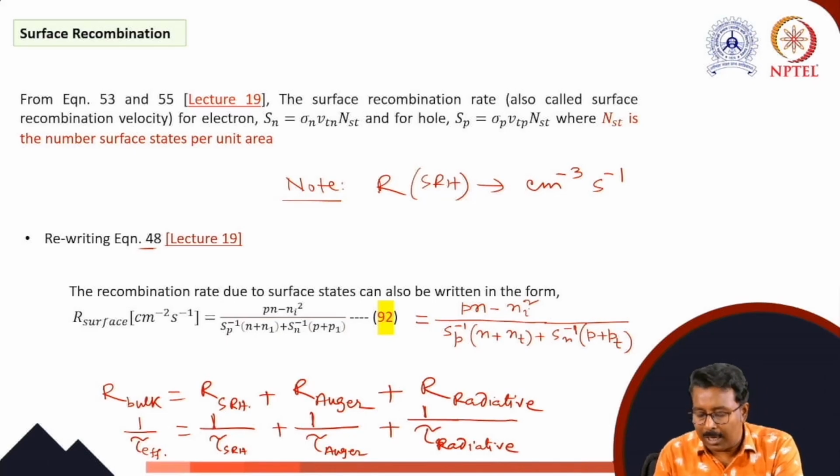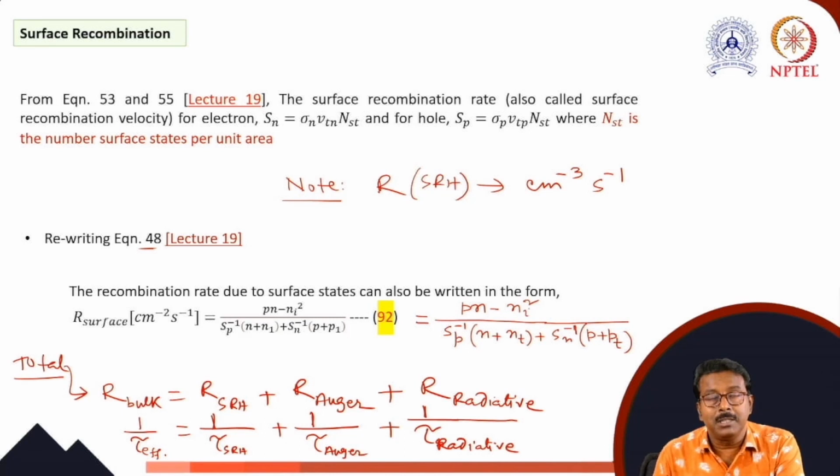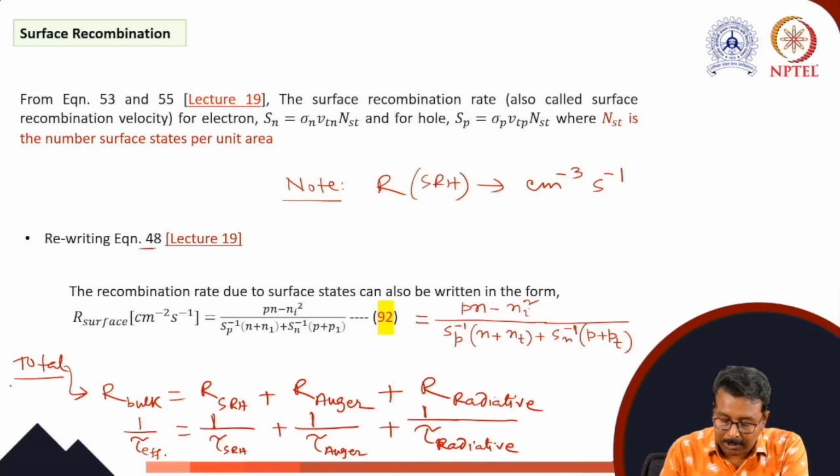So in this case, the total bulk recombination rate can be written. But can the bulk recombination rate be added with the surface recombination rate? No, because that is per centimeter square. You have to convert it using a characteristic diffusion length. After dividing this rate by a characteristic diffusion length, this becomes the R total, and in that case the total bulk recombination is this, suppose.